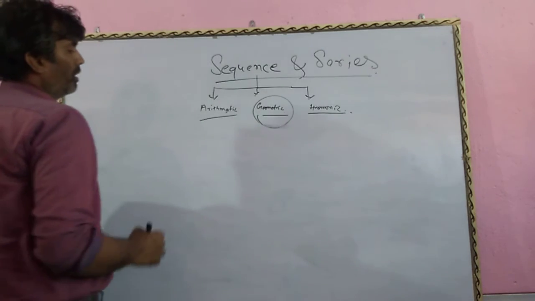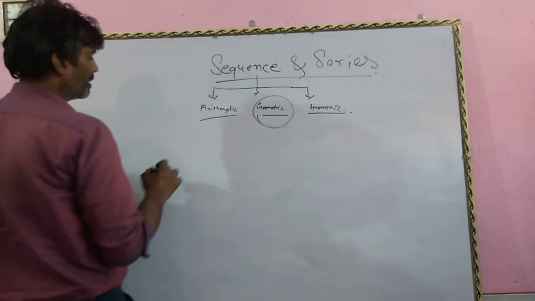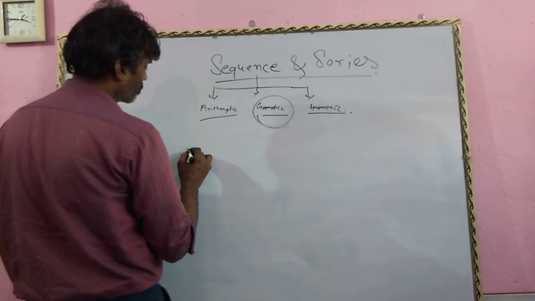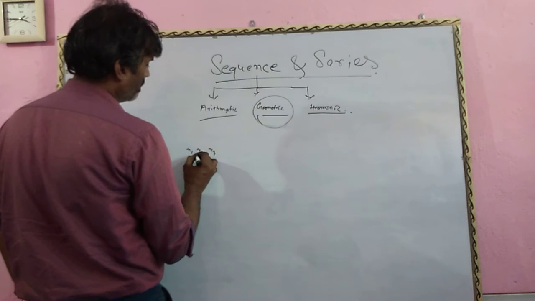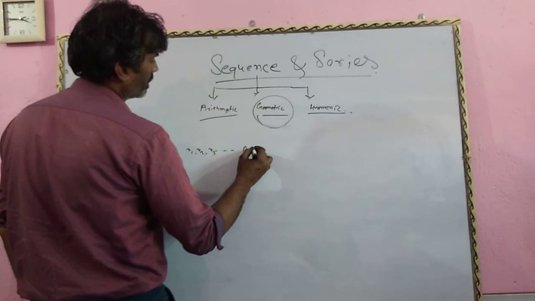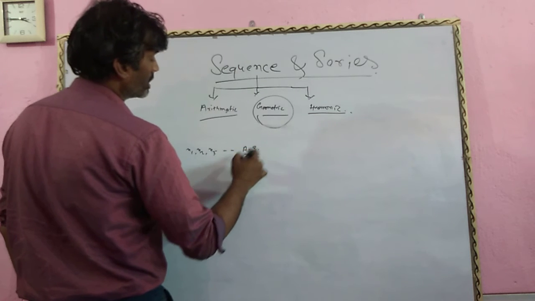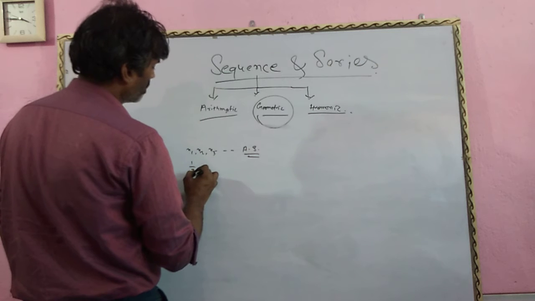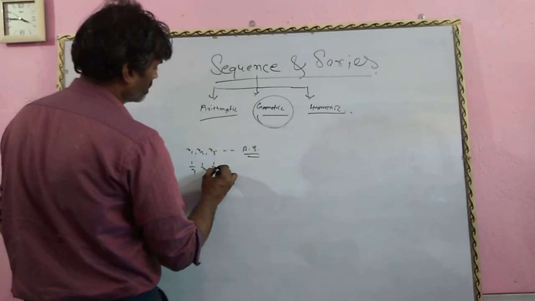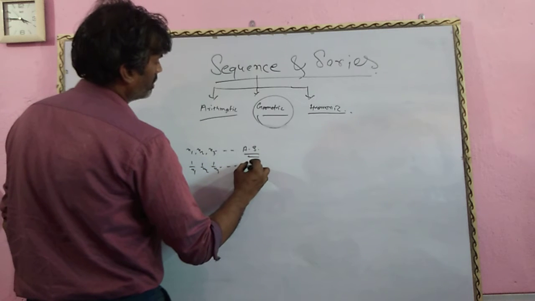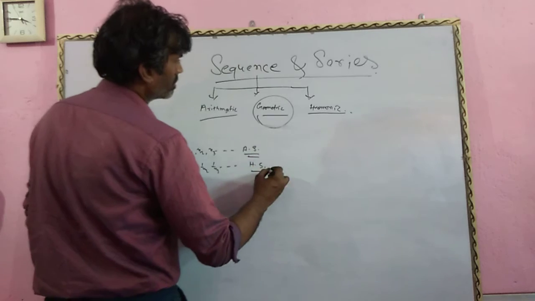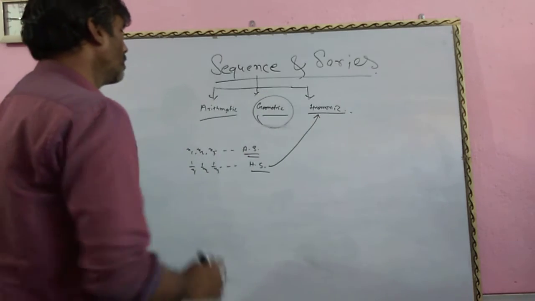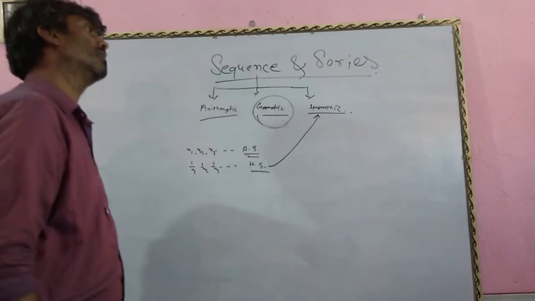Means if there is given a sequence x1, x2, x3 which is in AP, arithmetic sequence, then 1 upon x1, 1 upon x2, 1 upon x3 will be in harmonic sequence.